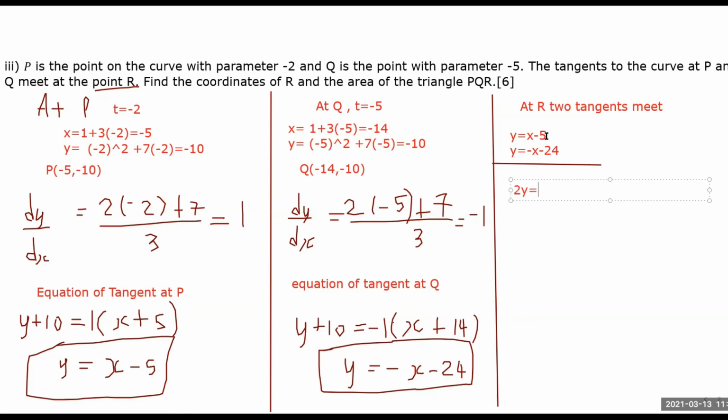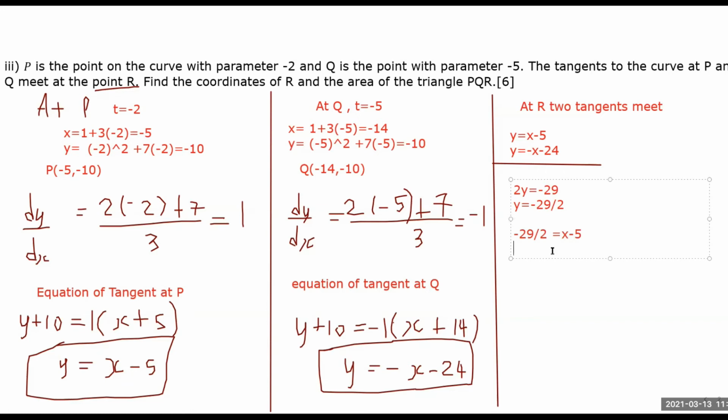Minus 5 plus minus 24, just have to make sure, that's minus 29. So what we get is y is equal to negative 29 over 2. If y is negative 29 over 2, we can substitute that for y right here. And so negative 29 over 2 is equal to x minus 5.